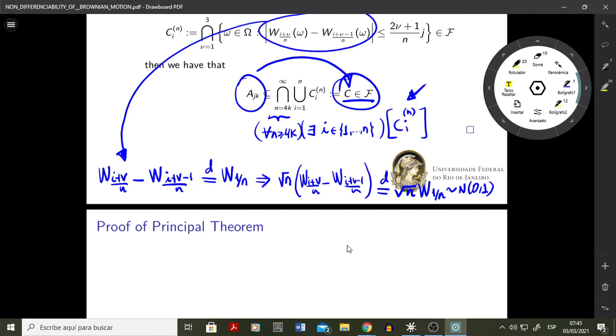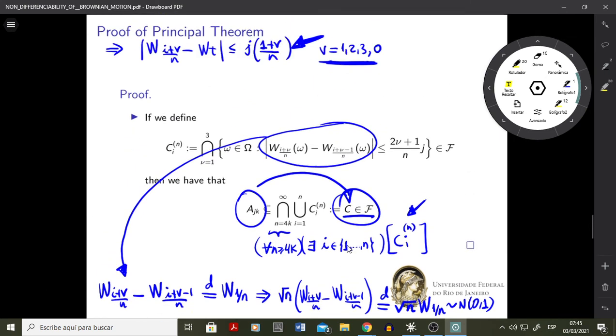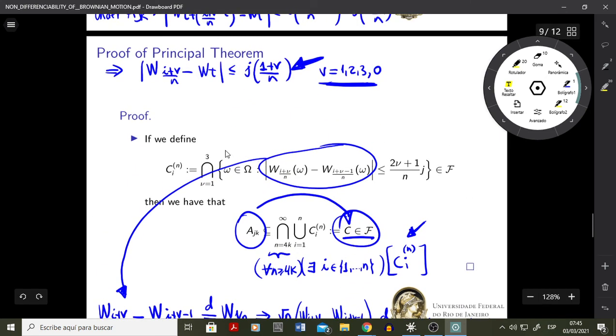So, if we compute this probability, it is the probability of the intersection of these events.